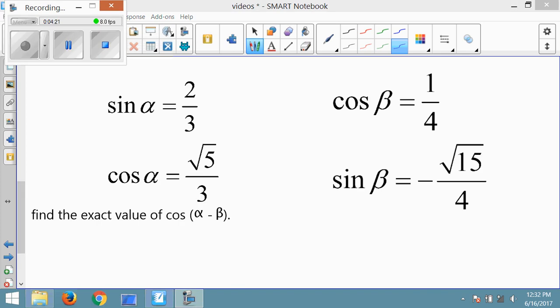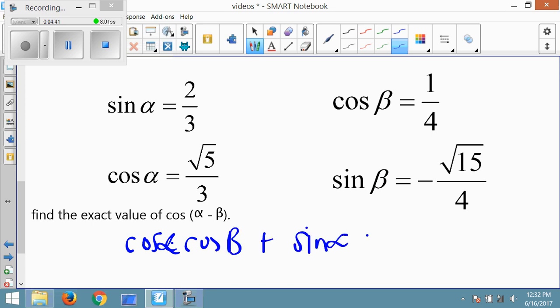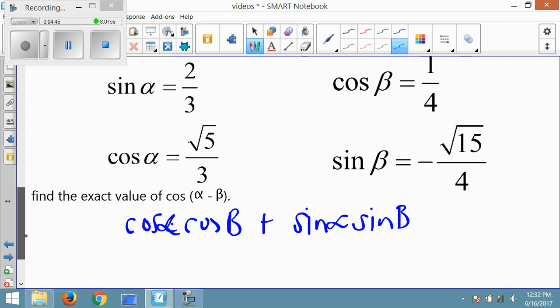If you went back to your identity page, you'll notice that the cosine difference identity is the cosine of alpha cosine of beta plus the sine of alpha sine of beta. So knowing that, we're just going to take our values that we know.